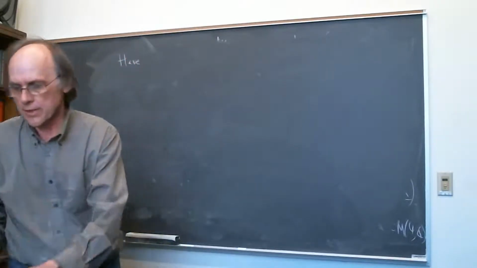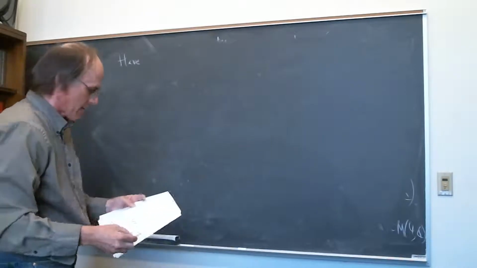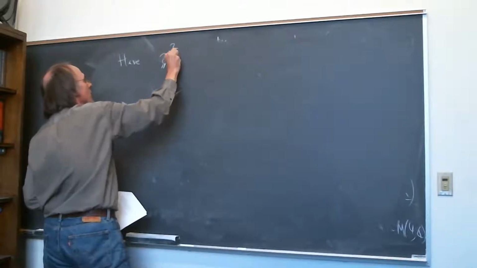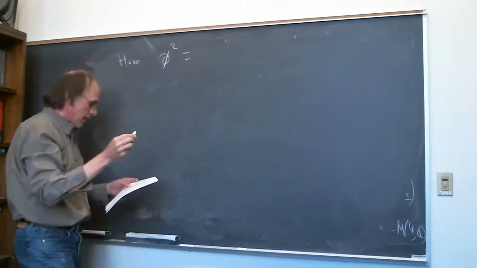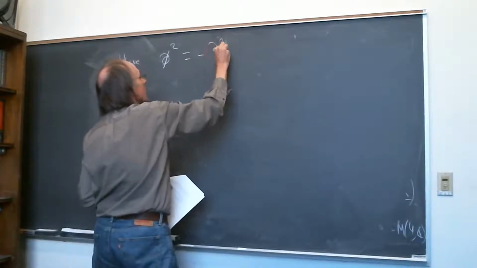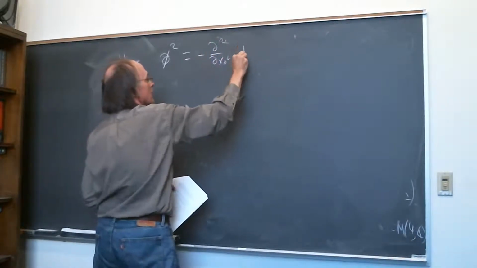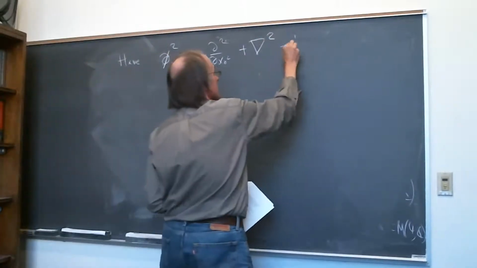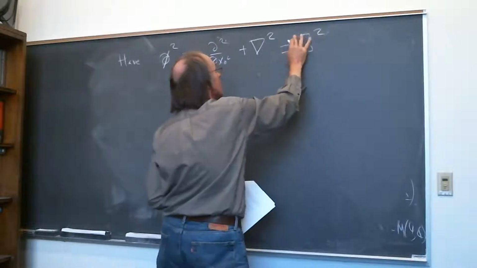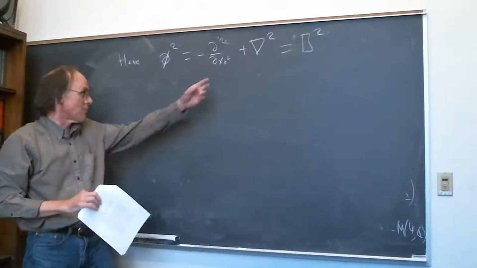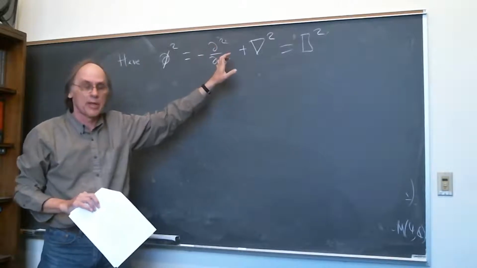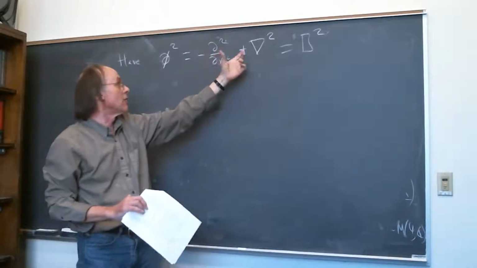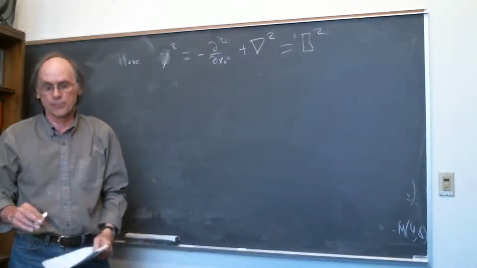If we square this Dirac operator, we get minus d squared dx0 squared plus the spatial part, which sometimes we write as box squared. Now we're back to the operator that we've been seeing in the Klein-Gordon story. It's just the Lorentz invariant version of the Laplacian.